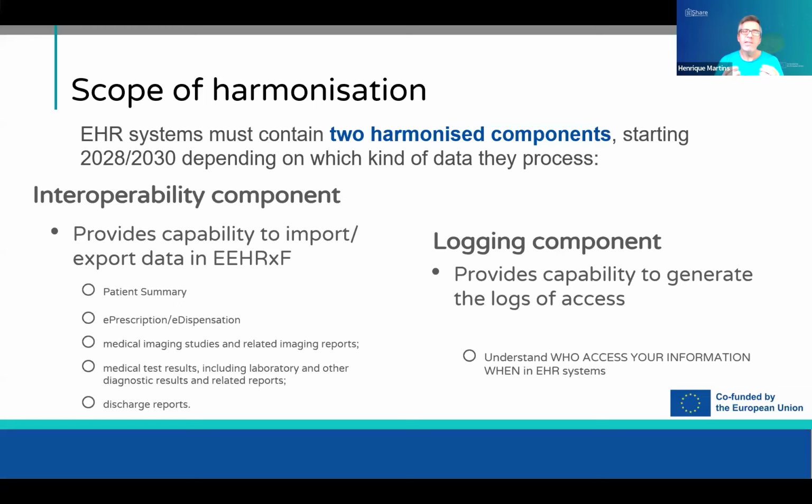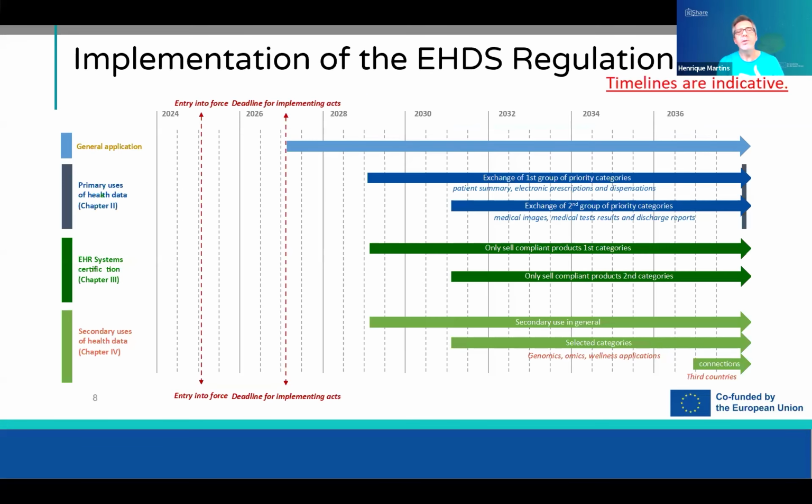But now imagine that this capability is now mandatory, because for now it was optional. Some countries have it, others not. And now it becomes mandatory, but also harmonized. So even if a Greek doctor or Greek nurse sees your data and you are in Lisbon, the same would apply.